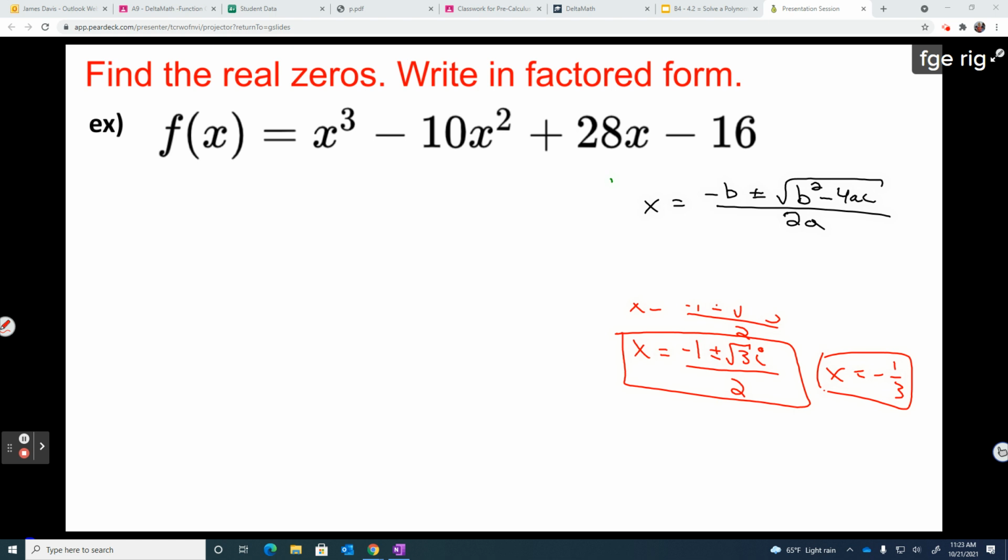So the total number of zeros, again, is 3. How many positive real? Now we've got 1, 2, 3 sign changes. Yeah. So it's 3 or 1. Which means how many negative reals?